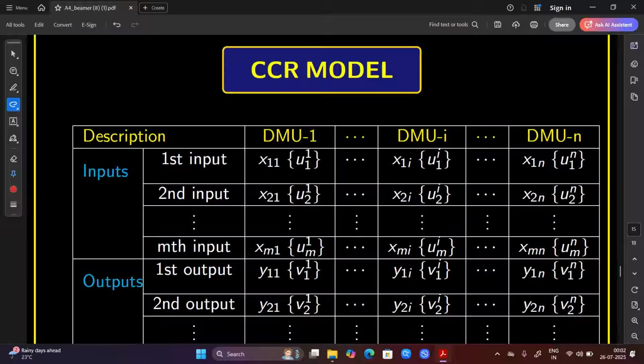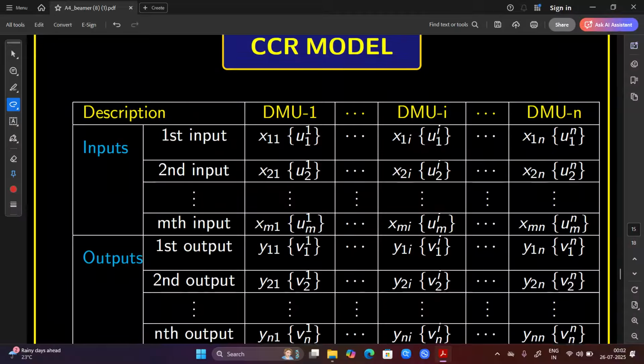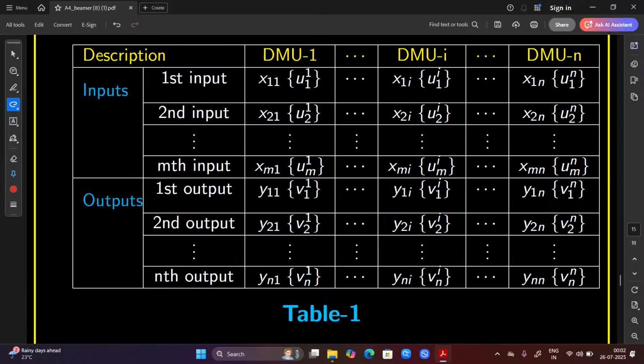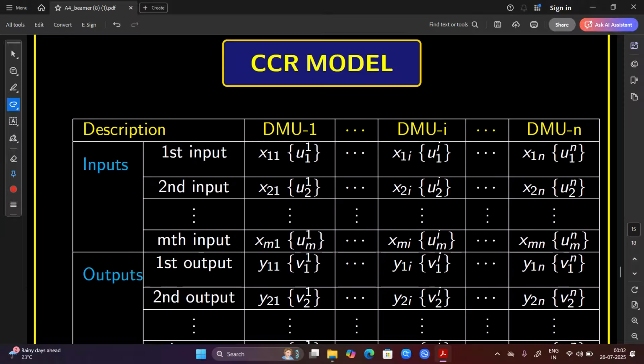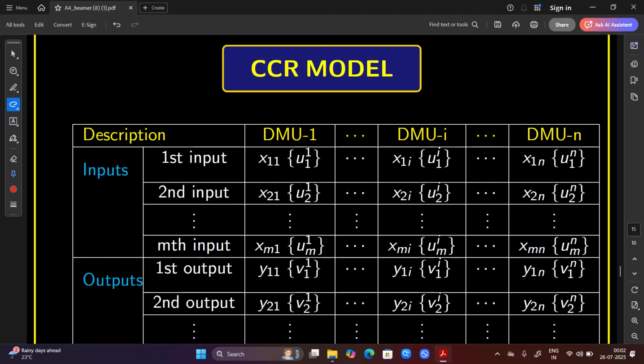So just see in this tabular column how the inputs and outputs are arranged. In table 1 I will explain this in detail, but just think about the importance of the CCR model. This CCR model will choose the weight on its own, for which weight the profit will become the maximum.